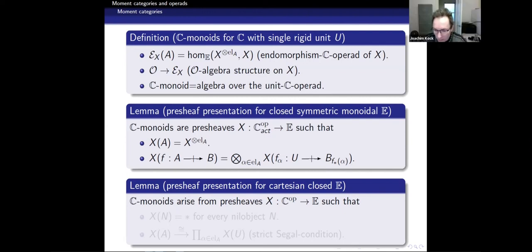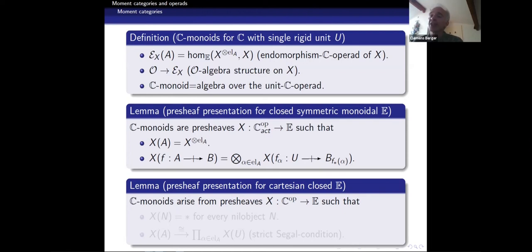Okay, there are also a couple of questions in the chat. Javier, do you want to ask your question yourself? Yeah, sure. Hi, Clemens. Hi. My question is if there is a general procedure to build some kind of model structure, some presheaves or maybe simplicial presheaves over these hyper or moment categories. I mean, just based on the combinatorics of these categories. Yes, I'm sure it is, but it's not yet done.